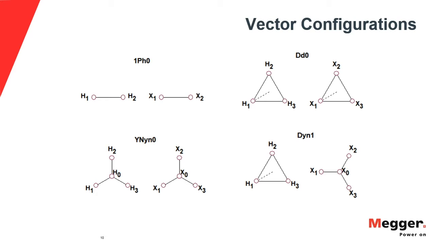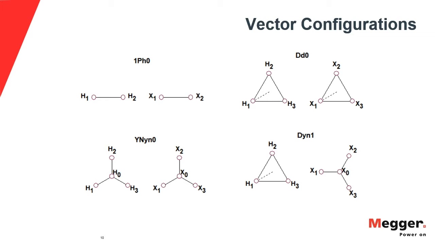Now we've been discussing the simplest two winding transformer case. But we can also have, and it's probably most common, that we're testing a three-phase transformer. Still a two winding, but now a three-phase transformer. On those transformers we can have several different vector configurations, in other words, the way our windings are internally connected to each other.